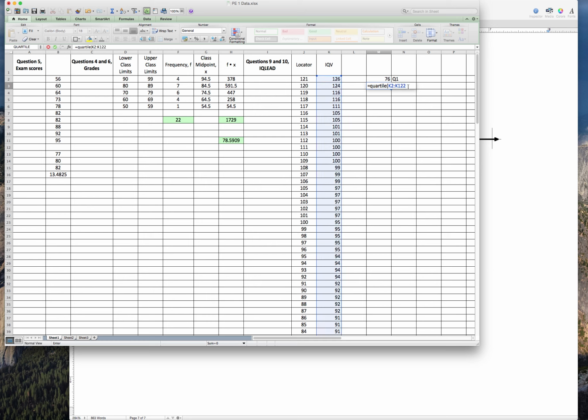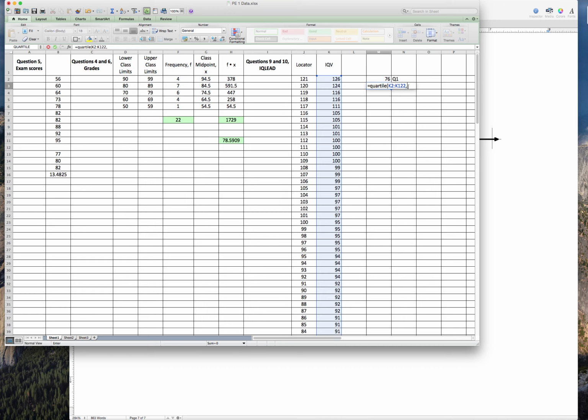It's probably not going to be that on the exam. It'll be a slightly smaller data set than this, at least a little bit smaller. And then there will be a comma in place in the prompt. It won't be prompting you to put the comma, but there will be a comma there. You type a comma after the last cell in the set, and then it will prompt you for quartile.